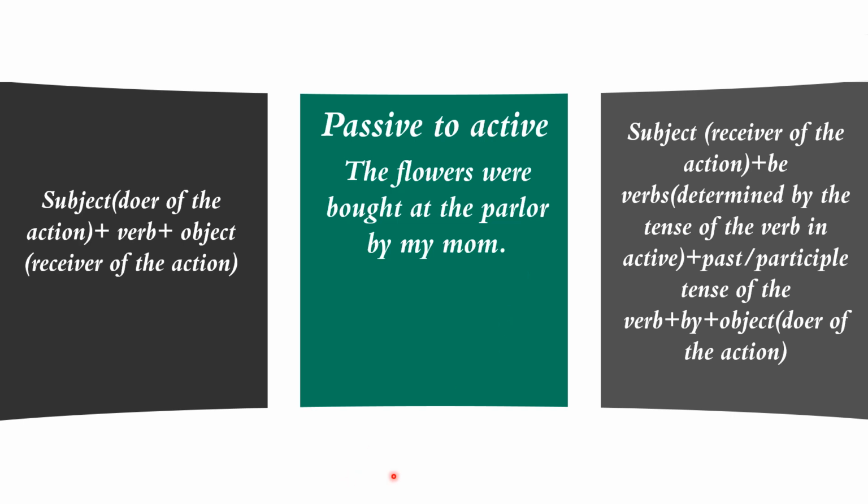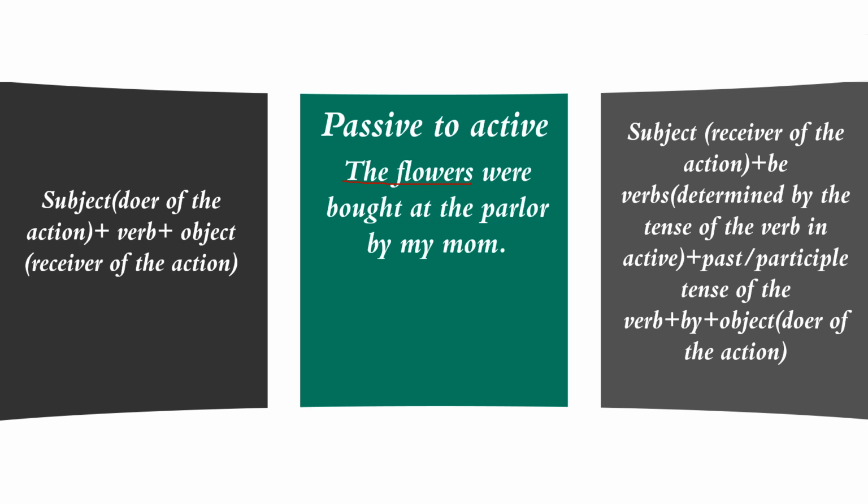So we are going to identify now the parts of the sentence using this formula. The subject, or the receiver of the action, will be the flowers, and the verb will be the be verb determined by tense.